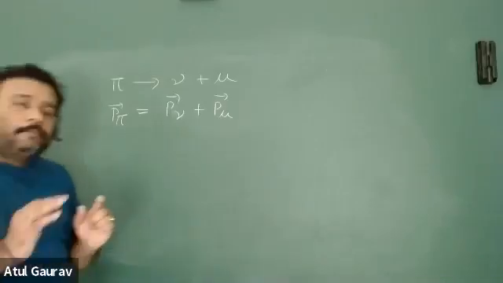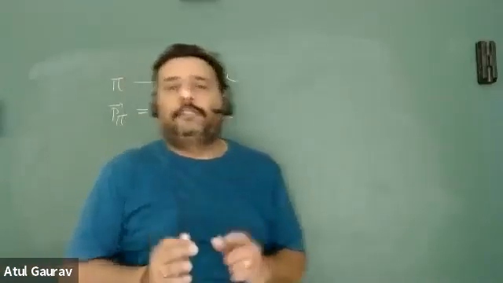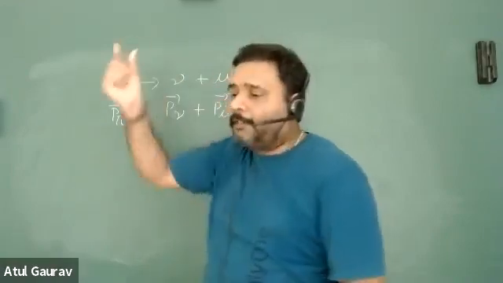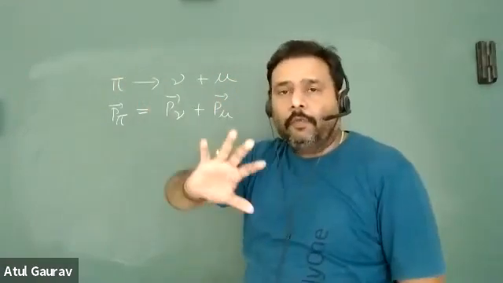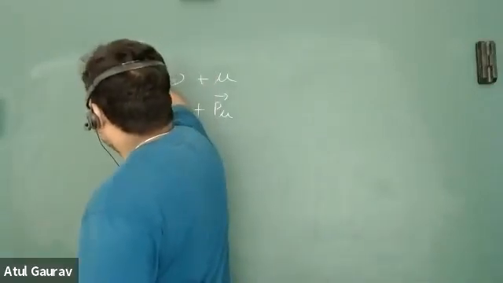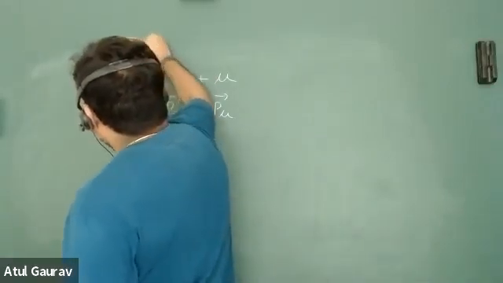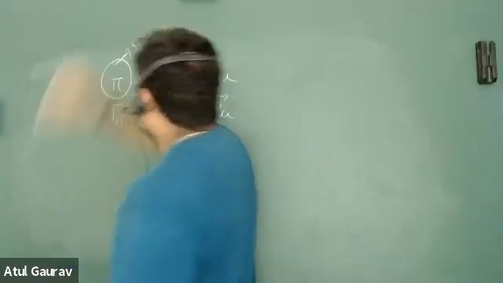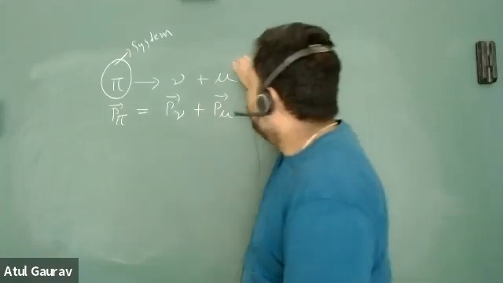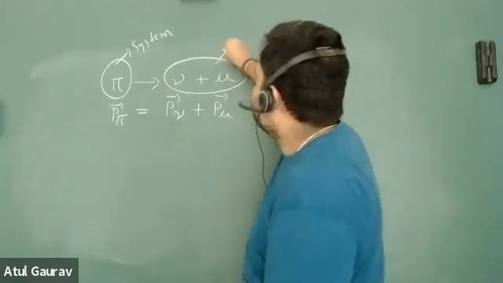So please mind it, the momentum of a system is going to be conserved. You cannot say the momentum of this particle is going to be conserved. No. What is the system here? Before the collision, this is my system. And after the collision, these two particles are my system.